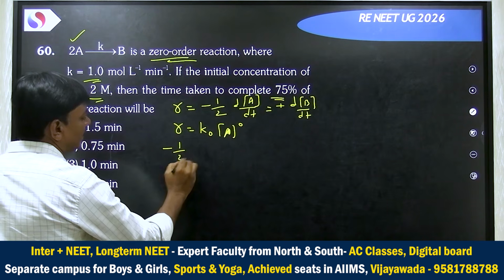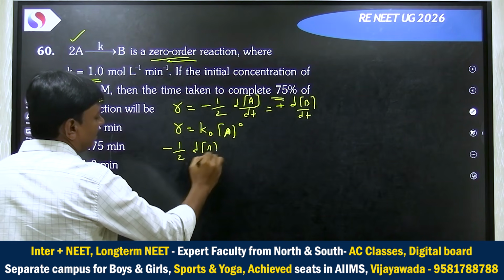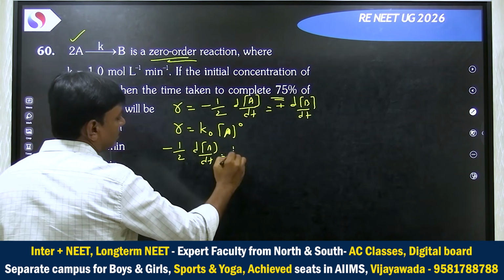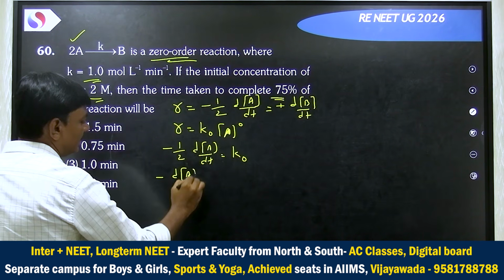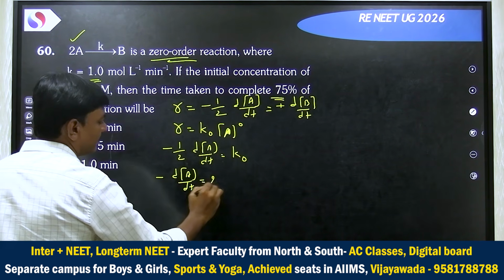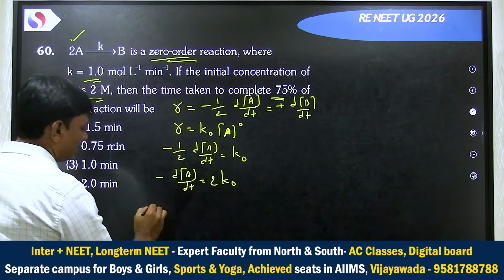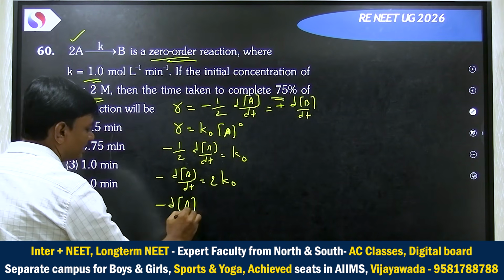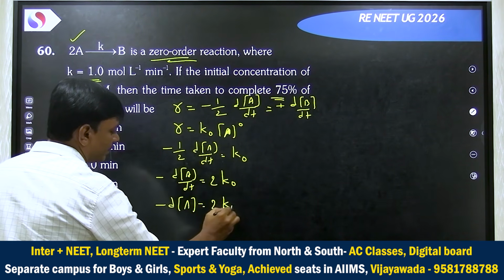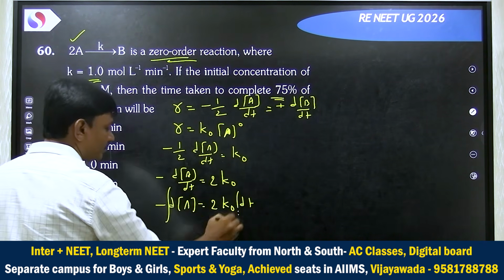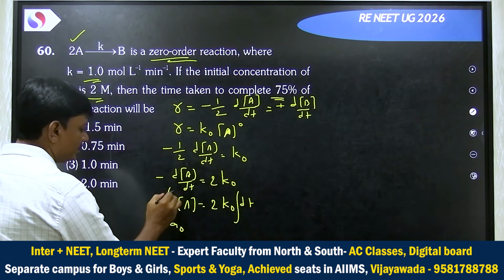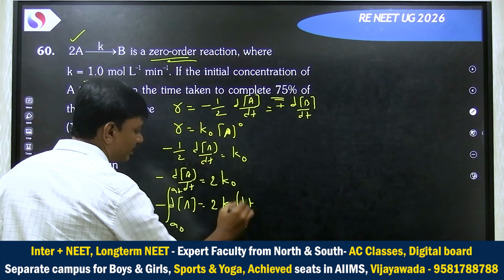Then minus 1 by 2 dA by dt is equal to K naught, so minus dA by dt is equal to 2 K naught, so minus dA is equal to 2K naught into dt. When we integrate both sides, the limits are A naught to At, and 0 to t.